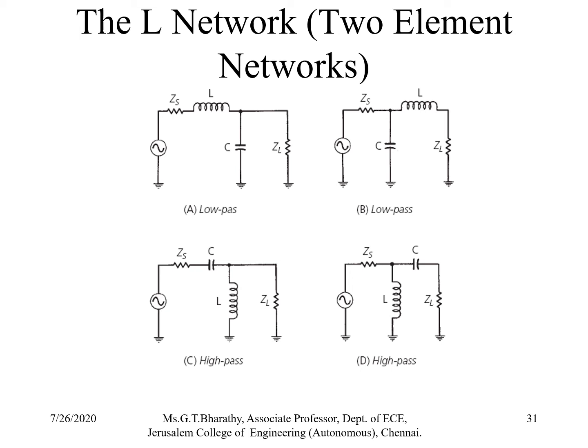That L shape is formed by using two elements. What are the two elements used here? L and C. When you use two elements L and C, they can be connected in four different forms. The first two forms will give you a low pass structure, and the next two forms give you the high pass structure. That is, when you connect a series L followed by a shunt C, it acts as low pass.